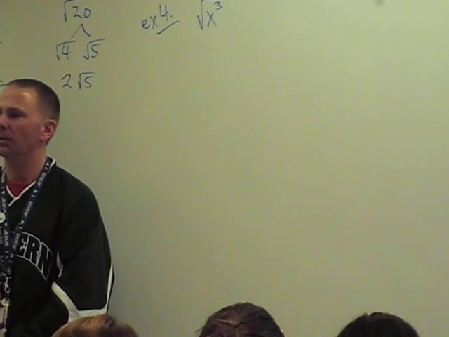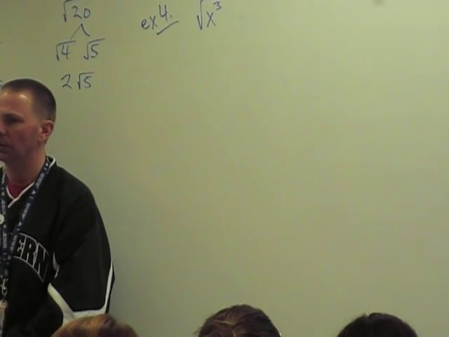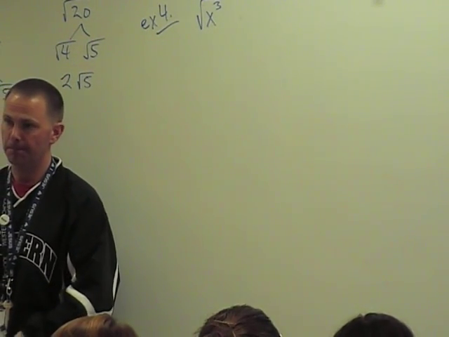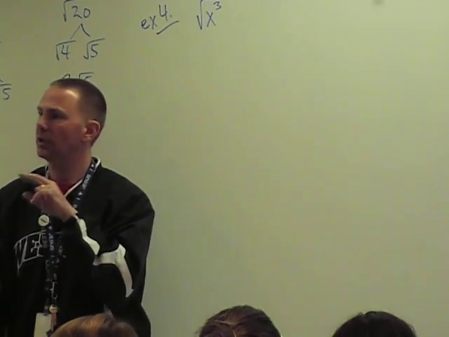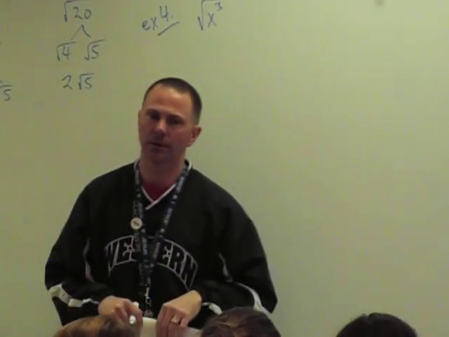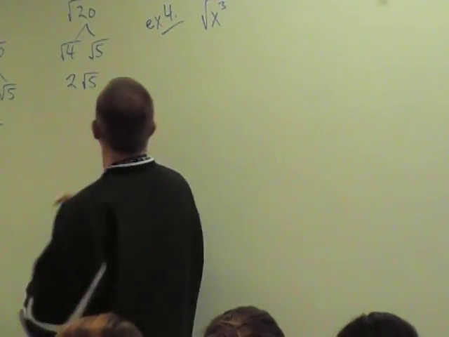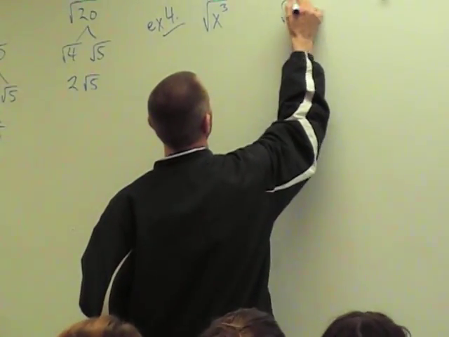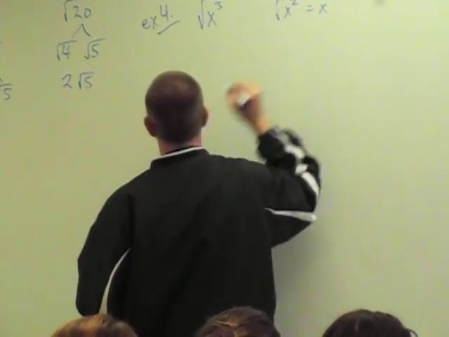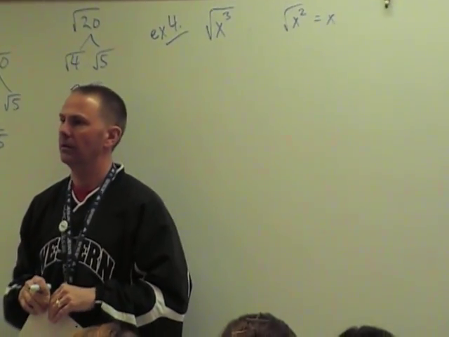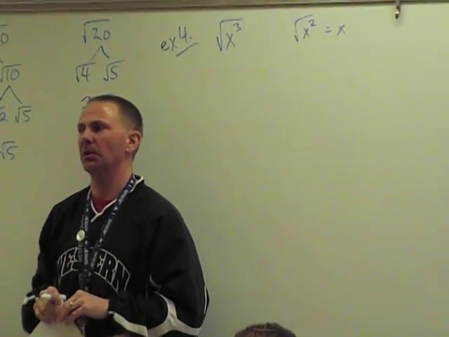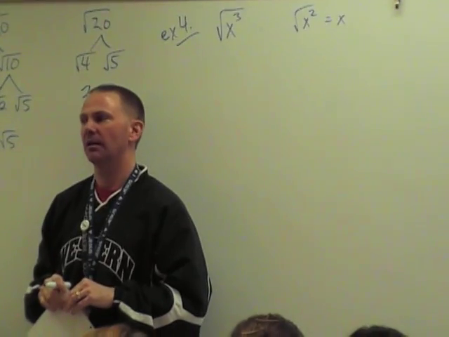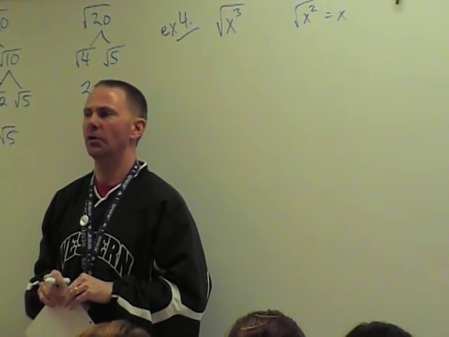If I say the square root of 4, why is it 2? Because 2 times 2 equals 4. Why is the square root of x squared x? That's x times x. Well, how do you get 2 for your exponent then?